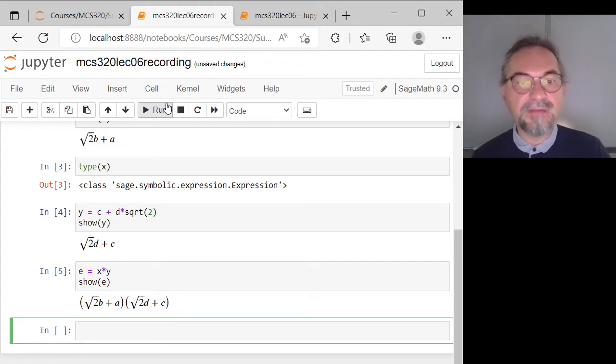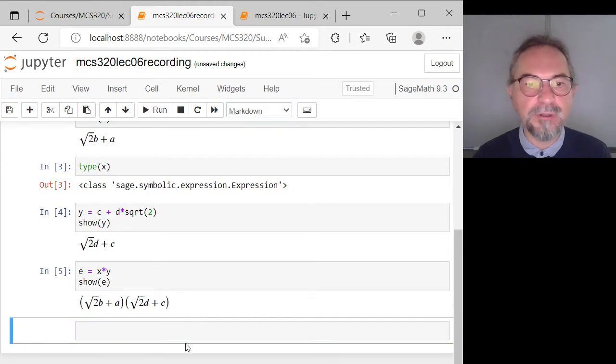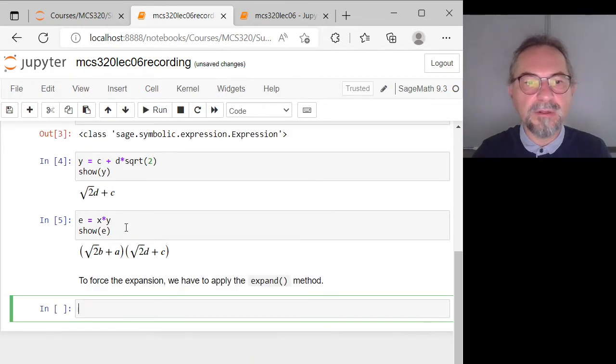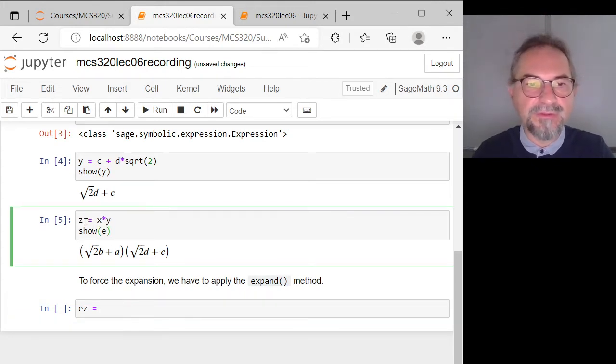Sage does not evaluate this, so to force the expansion we have to apply the expand method. So let's do this. So I have my expanded expression. Actually, I should have used z if I'm having x and y.